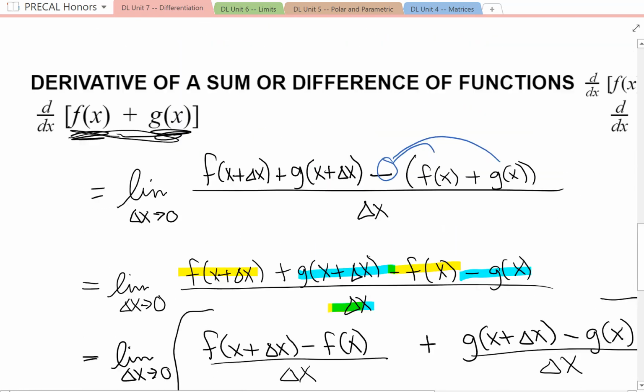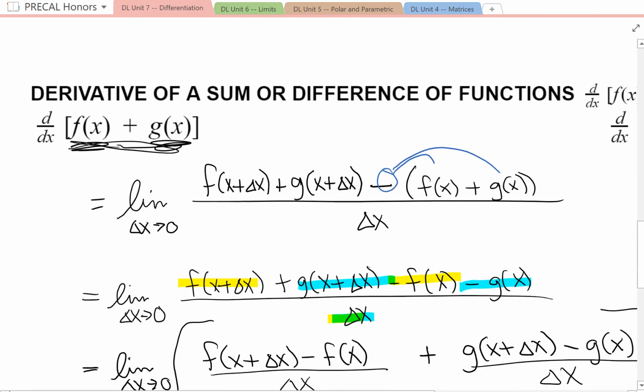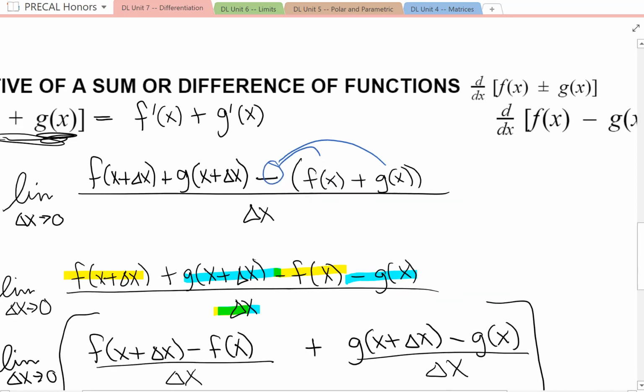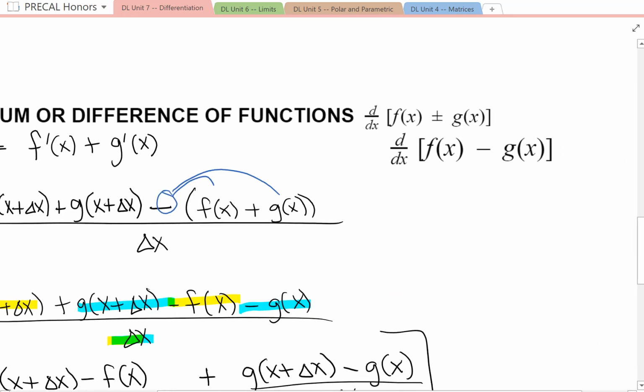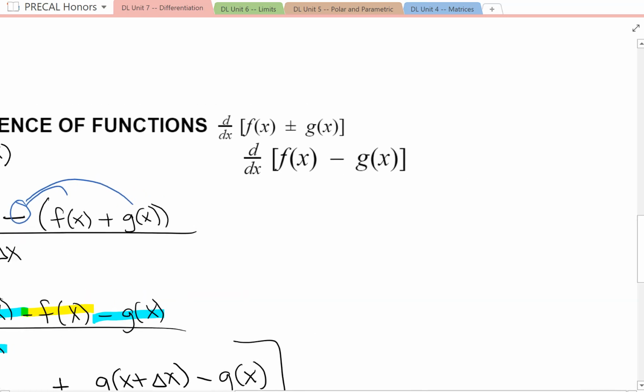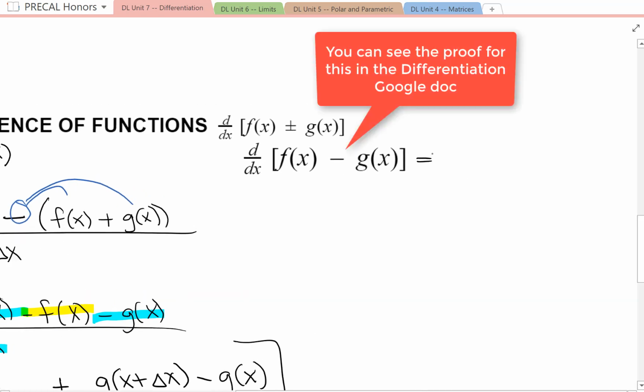The sum or difference of functions: the derivative with respect to x of f of x plus g of x is simply equal to the derivative of f plus the derivative of g. Very intuitive. Nice. Same with subtraction. This should be f prime of x minus g prime of x.